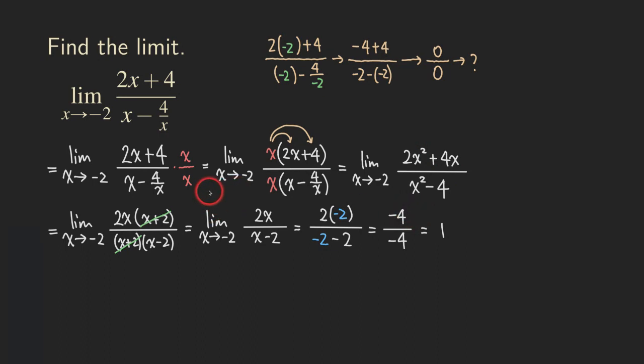Another way that we can do this is that we can get the common denominator and then try to actually do the division from there. But this way may be easier and more efficient. Okay, so that's it for this problem.